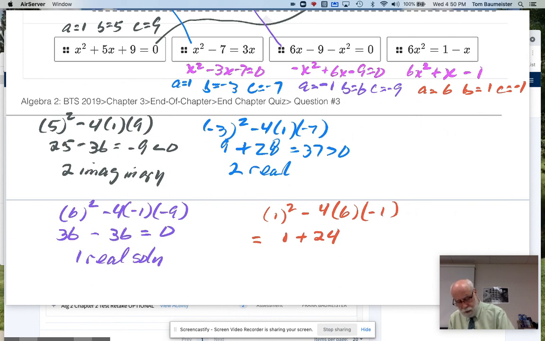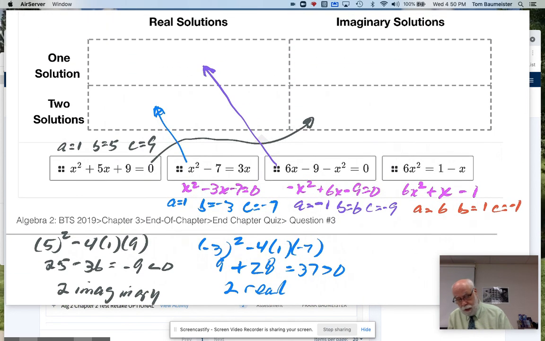So that will give us 25. And again, 25 is greater than 0. So what did we say last time when it was greater than 0? We said it was 2 real solutions. So that one there, again, will go here. So we'll have 2 of them that are the same.